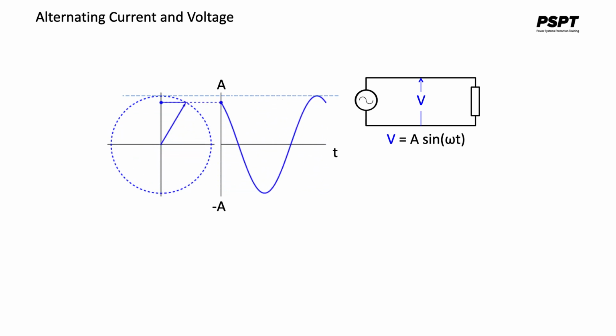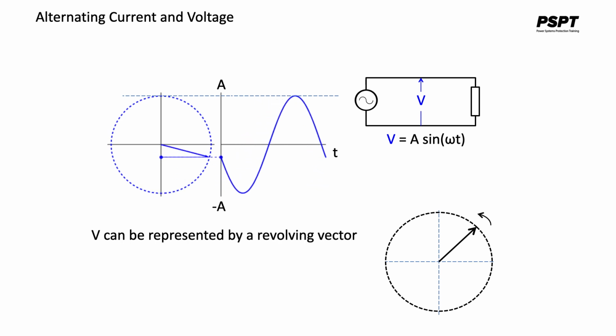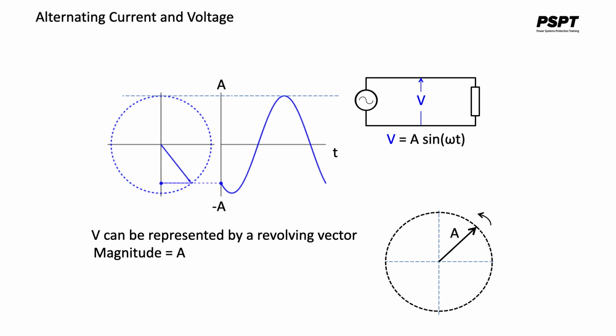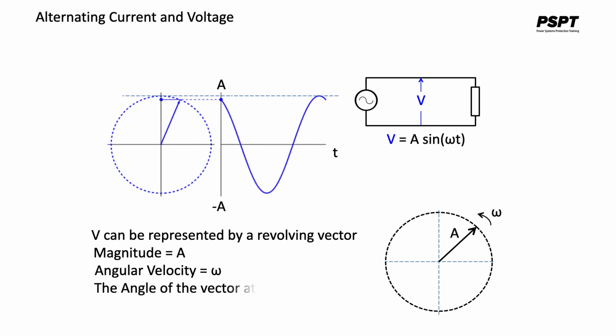V can be represented by a revolving vector where its magnitude is A, its angular velocity is omega, and the angle of the vector at a particular time is given by omega t.